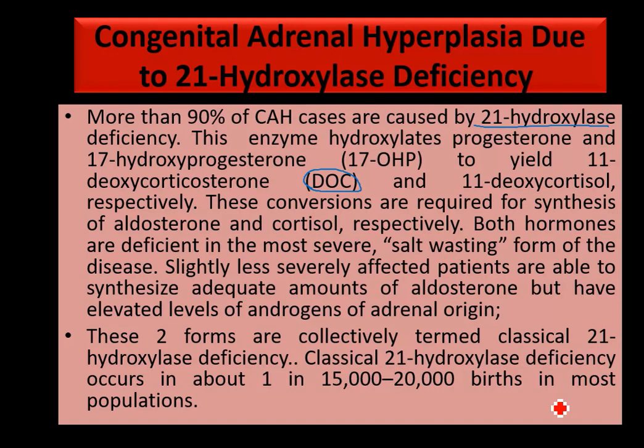These two forms are collectively termed classical 21 hydroxylase deficiency, which occurs in about 1 in 15,000 to 20,000 births in most populations. So there are two forms: a severe salt wasting form, which is the most common, and a less severe, mild form.